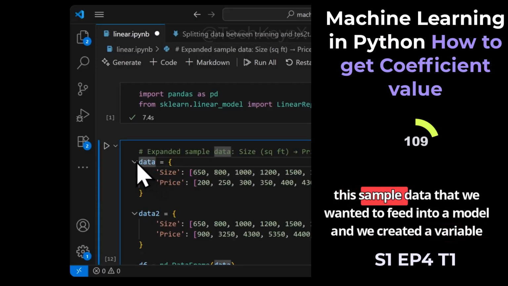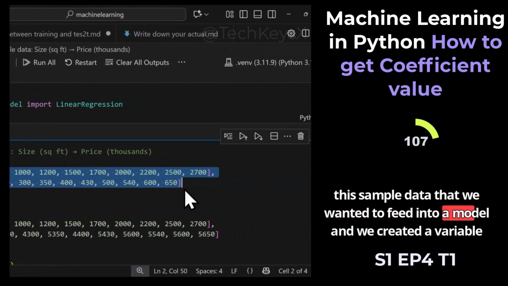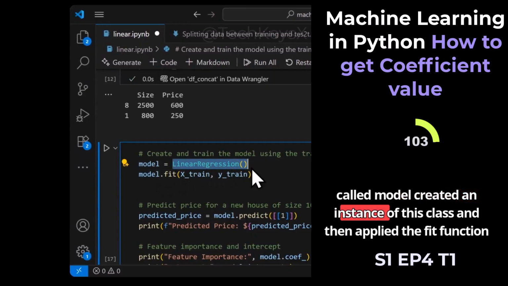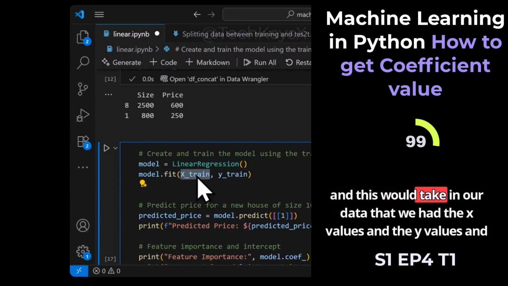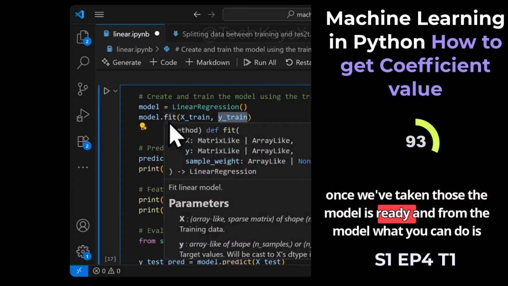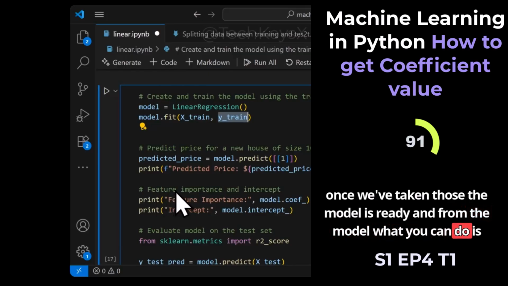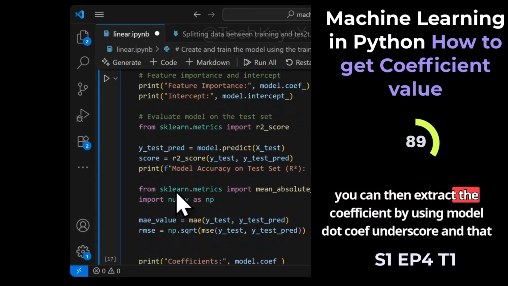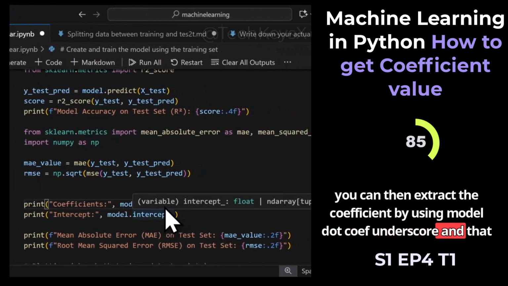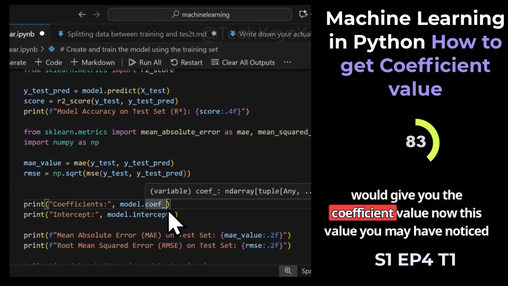We just had this sample data that we wanted to feed into a model, and we created a variable called model, created an instance of this class, and then applied the fit function. This takes in our data, the X values and the Y values. And once we've done that, the model is ready. From the model, you can then extract the coefficient by using model.coef_, and that would give you the coefficient value.